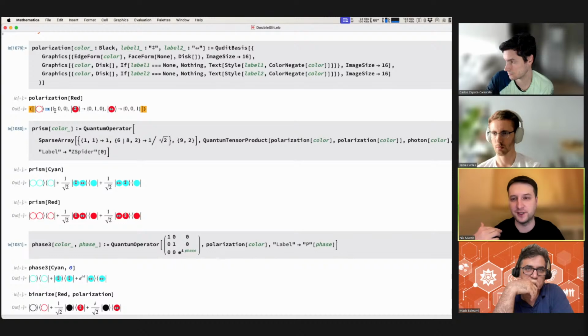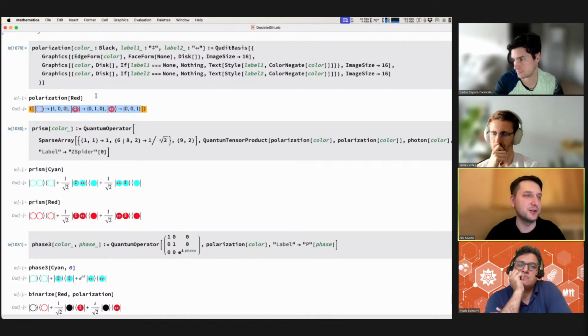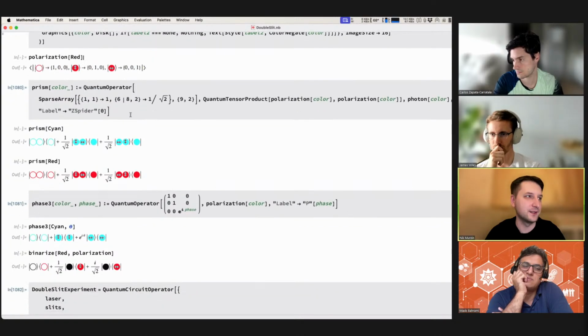There is the photon either absent, or it can be polarized vertically or horizontally. So you model it not by a qubit but by a 3-dimensional system. It's very convenient that we can model arbitrary dimensional Hilbert spaces, so that we can model it directly like this. Right, so that's what the polarization and prism are doing.